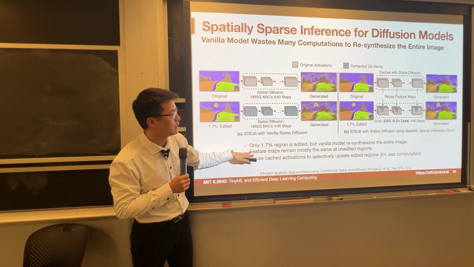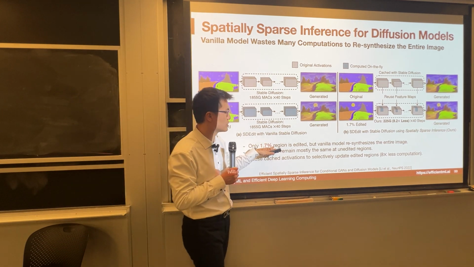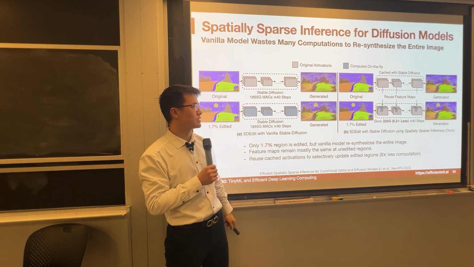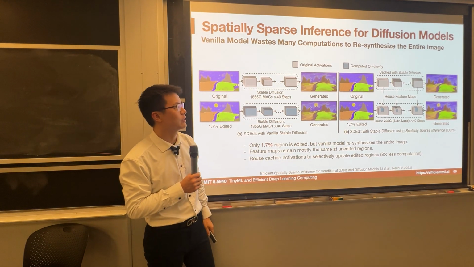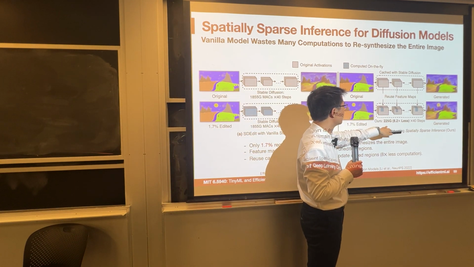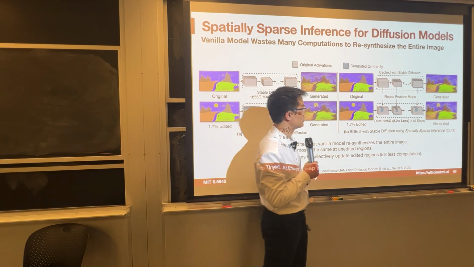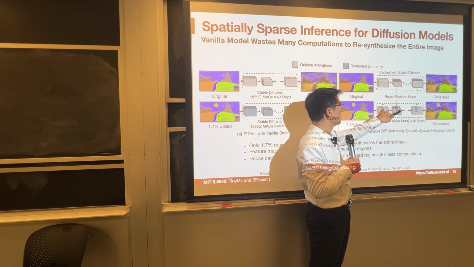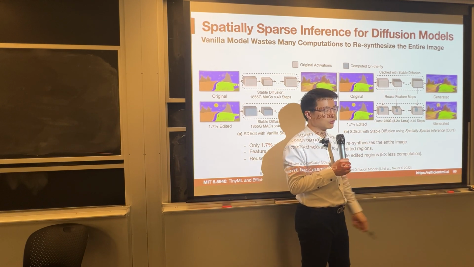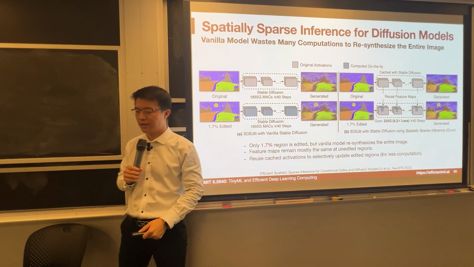Originally, since only 1.7% of the region is edited, a vanilla model needs to resynthesize the entire image. Here we require only 1/8 of the compute, with the same number of steps, by only predicting the pixels that have been edited and reusing the feature maps that stay unchanged.